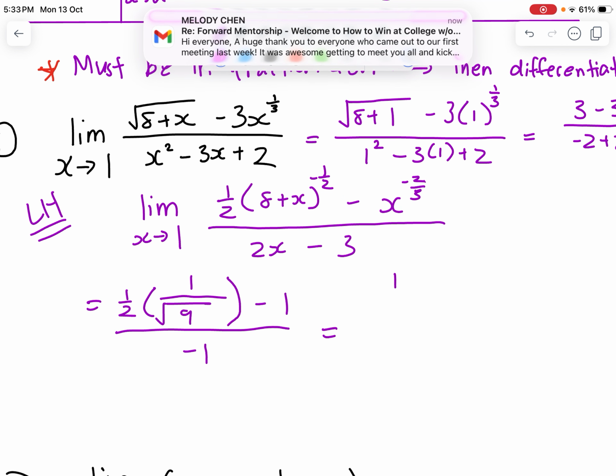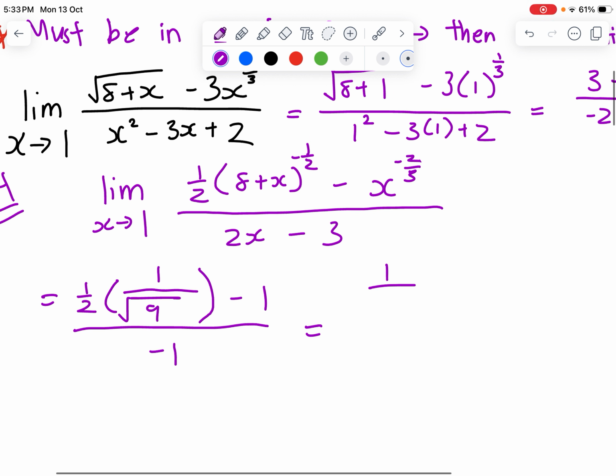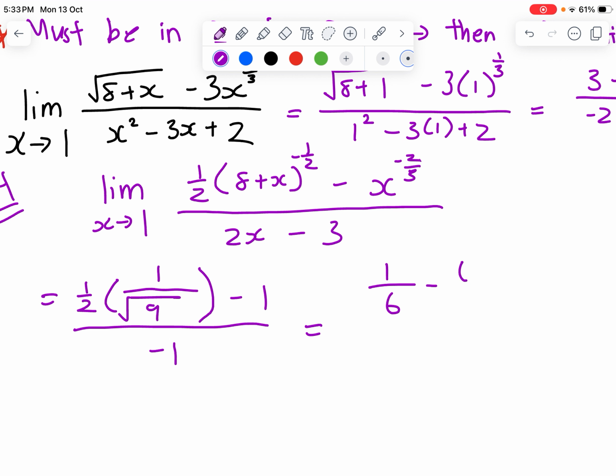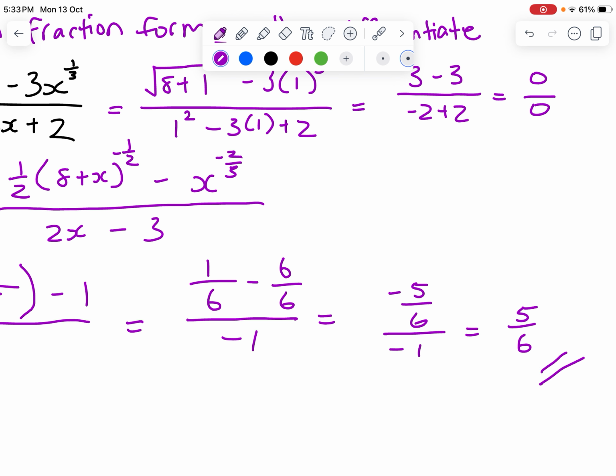At this stage, we get 1 over 2 times the square root of 9, so that's 3 times 2, so that's 1 over 6, minus 1, over negative 1. So we get negative 5 over 6 over negative 1, where the negative sign cancels out. So we get 5 over 6 for our first question.